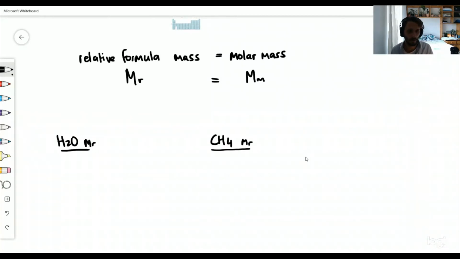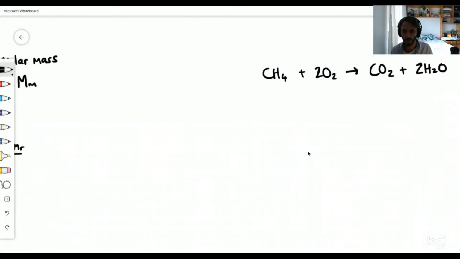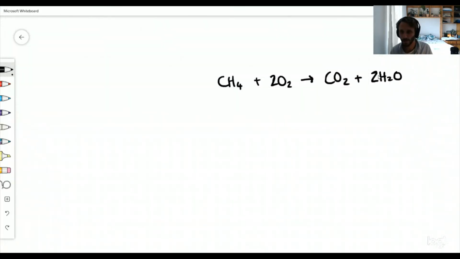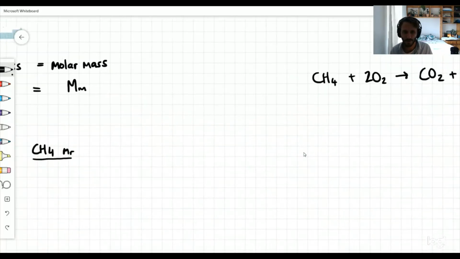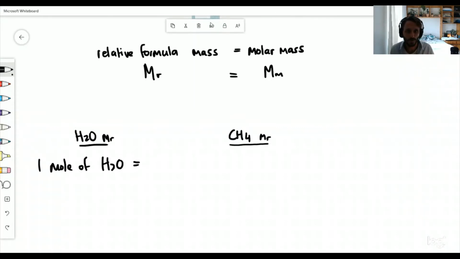So how would you work out how much there is of H2O from this reaction? We know that 2 moles form, but what does that mean in terms of the molar mass? Well, firstly, you need to work out that 1 mole of H2O is equal to, remember we can use our periodic table.